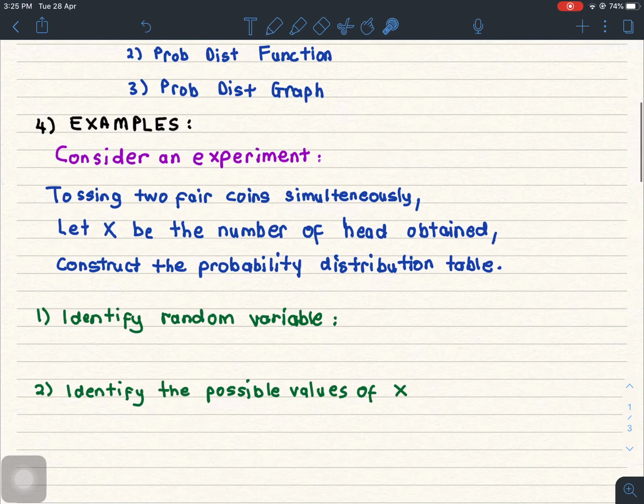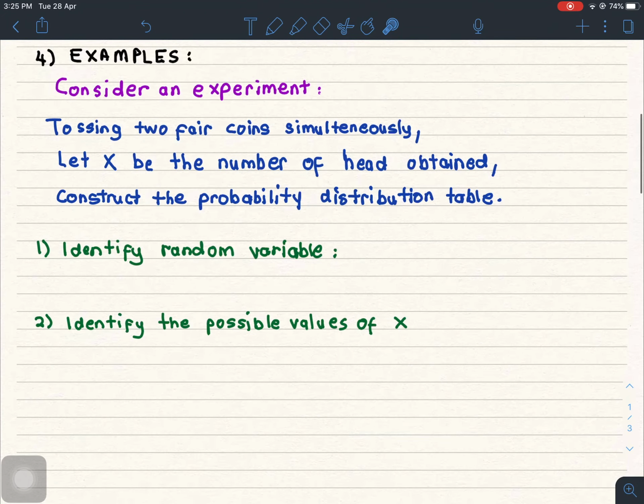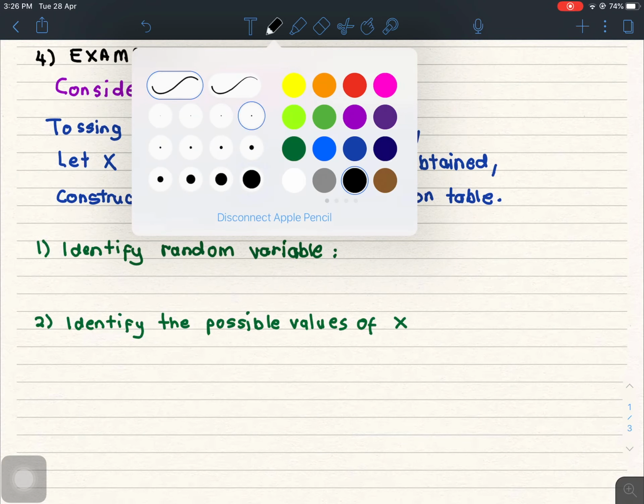Now let's say you consider an experiment where tossing two fair coins simultaneously, and you let x be the number of heads obtained, and then they ask to construct the probability distribution table. So first and foremost, when you get this kind of question, identify your random variable. Okay.